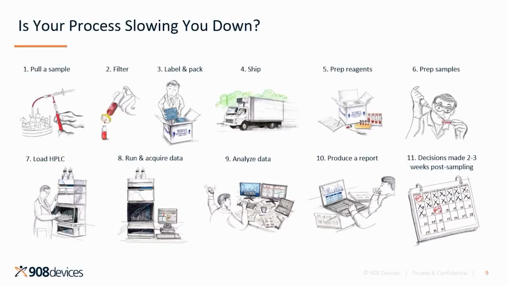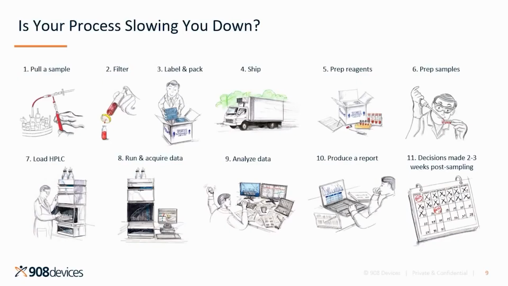Once the samples arrive, they are defrosted as derivatization reagents are prepared for sample preparation. Sample prep for most chromatographic techniques often involves many wet chemistry steps and additional delays for the derivatization reactions to complete. Once prepared, batches of samples are loaded and run.